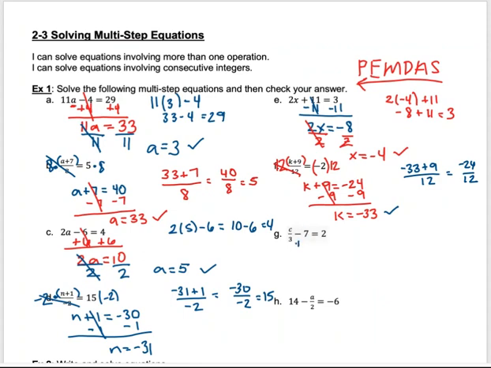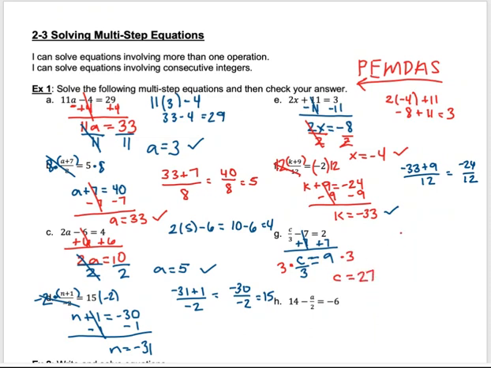So I'm going to undo it by adding 7 to both sides. And I get C divided by 3 equals 9. Okay, now I want to undo this dividing by 3, so I'm going to multiply both sides by 3. And I get C equals 27.